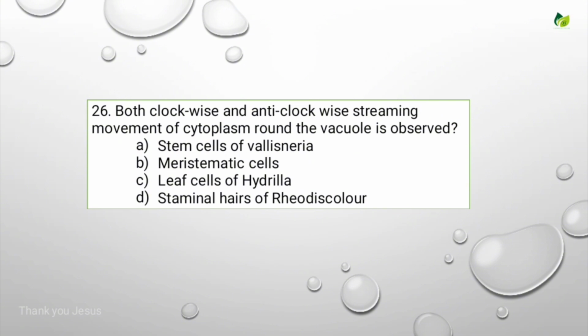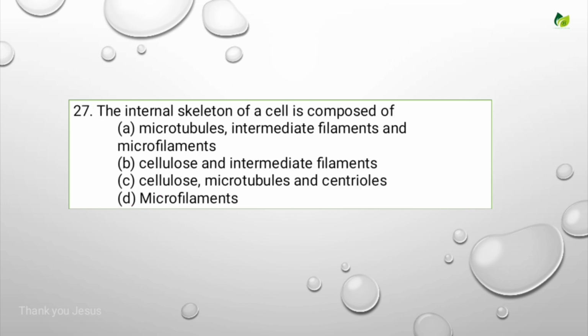Both clockwise and anti-clockwise streaming movement of cytoplasm around the vacuole is observed in: stem cells of Vallisneria, meristematic cells, leaf cells of Hydrilla, staminal hairs of Rhoeo discolor. So for this the correct answer is staminal hairs of Rhoeo discolor. Let's see the next question.